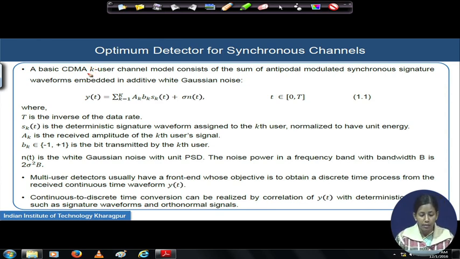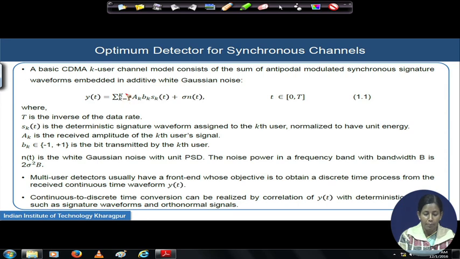The signal received at the receiver front end can be viewed as the sum of the antipodal modulated synchronous signature waveforms, which are embedded in relatively white Gaussian noise. So, the signal received at the front end of the receiver, if I denote it as y(t), will be a combination of the signals coming from the different users.